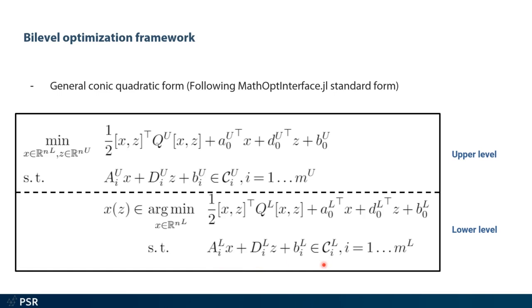This is a very flexible form, and it's usually much more flexible than most of the works that use quadratic programs both in the upper and in the lower level.